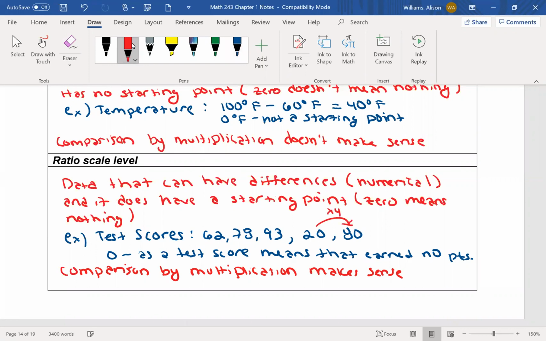That comparison makes sense. But with temperature, it doesn't mean it's 4 times hotter. The difference between 20 degrees and 80 degrees isn't a measure of how the heat is multiplied. It doesn't work like that. So that's the levels of measurement.